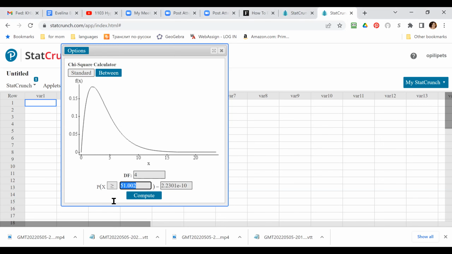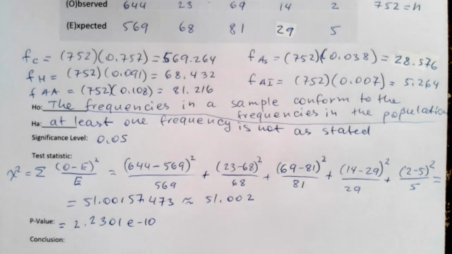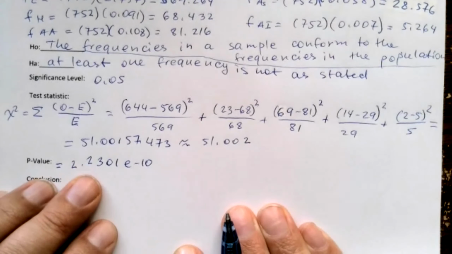I put in our test statistic, and it's a right tail test, so change the sign here. And this is the result that I got. The e to the negative 10 right there is actually scientific notation. That means that it's a very, very small number.